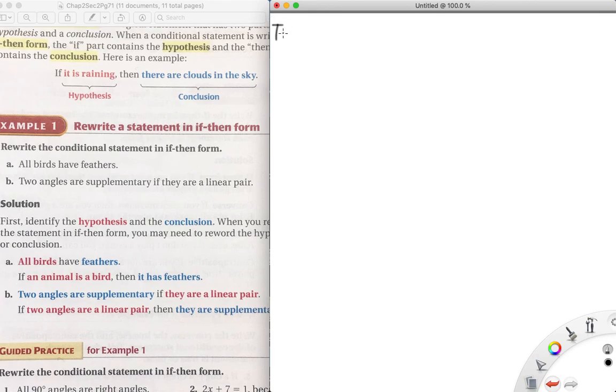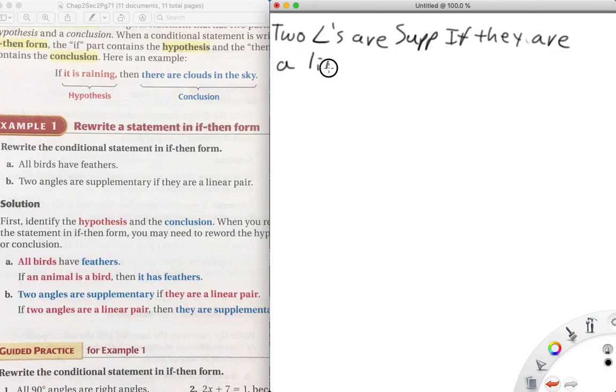So two angles are supplementary, and I'm going to shorthand it, if they are a linear pair. Alright, two angles are supplementary if they are a linear pair.